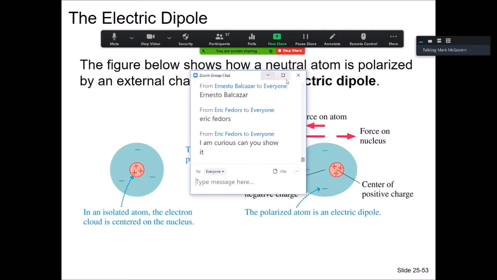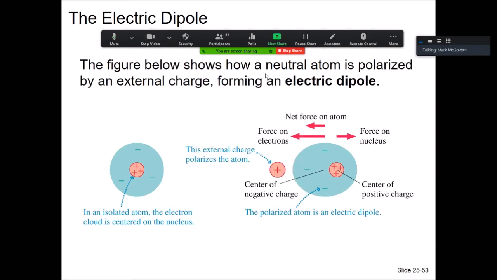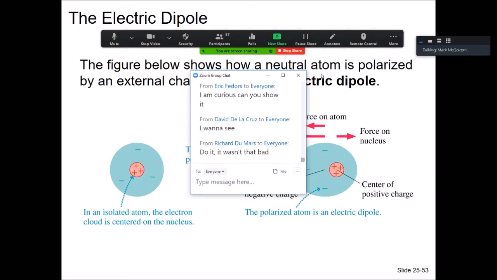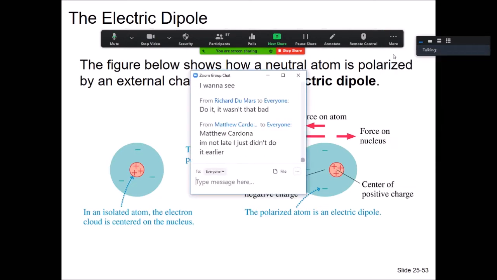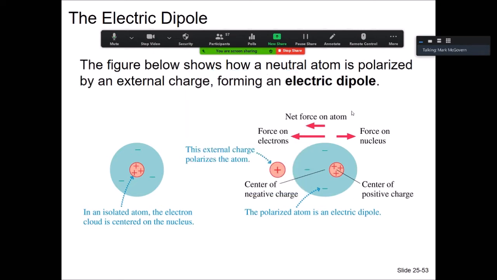If you really want to know, wait till 211. Oh, Richard had 211. Yeah, well, the stuff we do in 211 is not too bad. And you get off the hook because you don't have that kind of level of mathematics. But what happens is when you have to solve, I'm not going to get into this because I'll just go on and on and on. You have to do those things in spherical coordinates, and you have to do all these crazy things. I guess I want to talk about it, but I'm not going to talk about it.